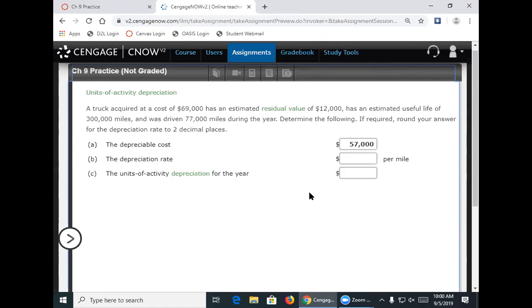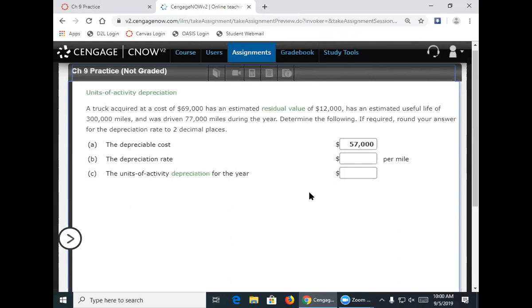So we use 300,000 or 77,000? You want to use the estimated useful life of 300,000. We've already calculated depreciable cost, so it'd be 57,000 divided by the total useful life in miles, or units of activity, of 300,000 miles. What that's saying is we expect this truck to last for 300,000 miles.